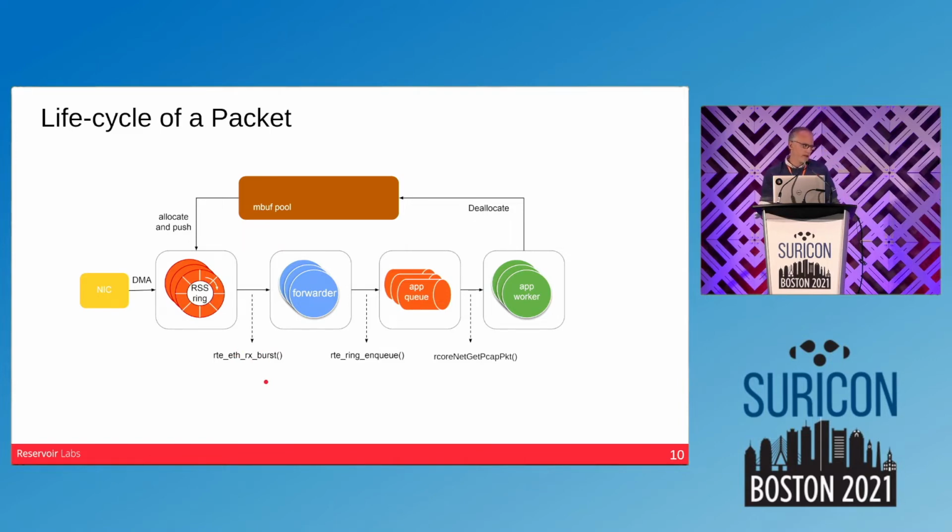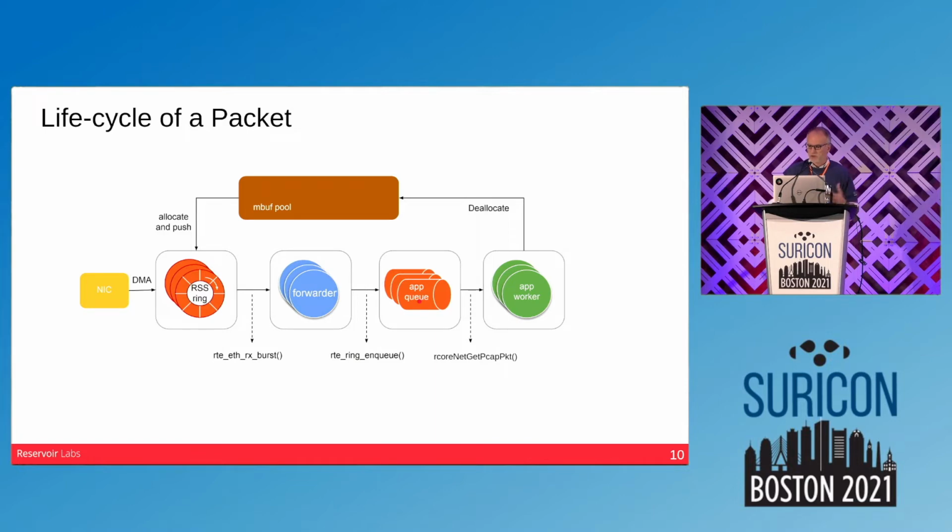This is the call on the DPDK side. For those familiar with DPDK, you receive packets in bursts typically, so you coalesce multiple packets in order to avoid too much overhead. You don't call that on a per packet basis, so you pull as many packets as you can, and then you enqueue them to the application queues.